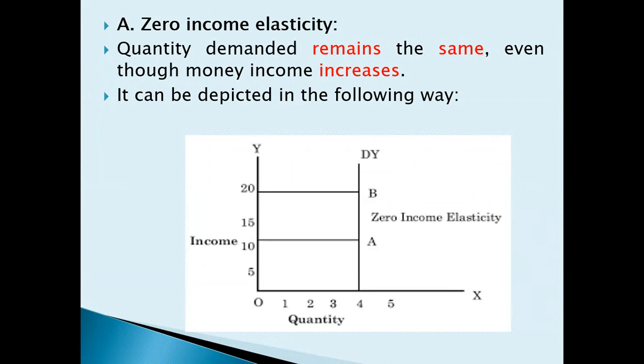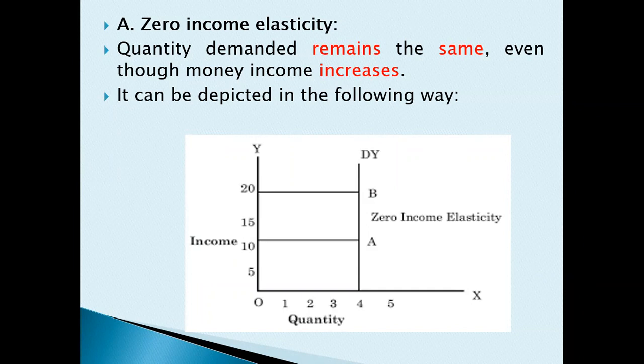At 15,000 income, my purchasing power is again 4 t-shirts. When income is still increasing to 20,000, my quantity demanded is again 4 t-shirts. I am purchasing a similar quantity of t-shirts, though my income is increasing. Means what? With respect to your income, your demand is not increasing. That is zero income elasticity of demand.